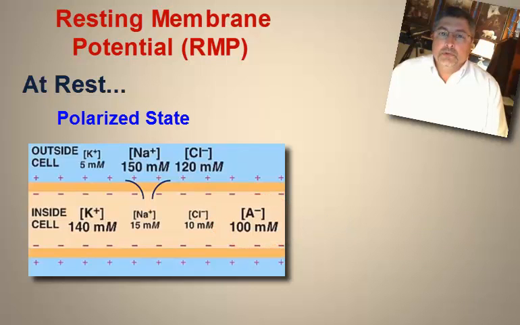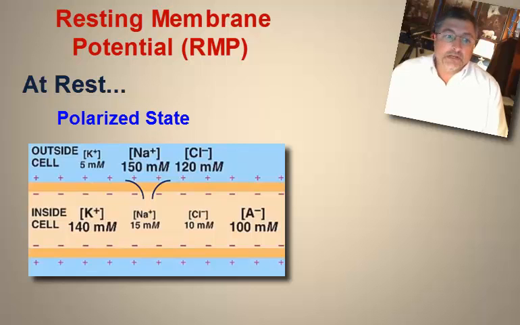Now, if you ignore that anionic protein for a moment and start looking at the potassium and sodium and chloride ions, really, if you just look at them as they look here on this depiction, the outside is actually more negative than the inside. So it is these anionic proteins that tip the table and make the inside more negative.